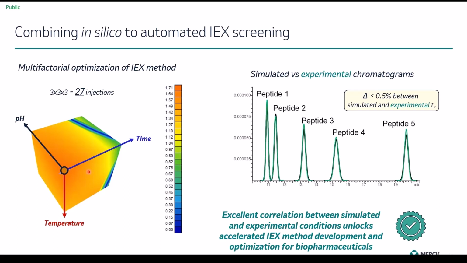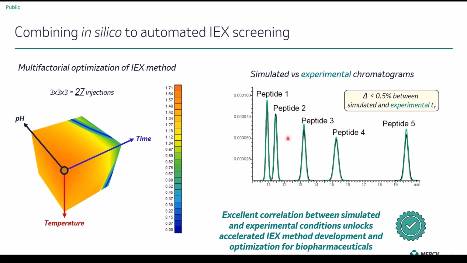When we decided to see if the simulated chromatogram also corresponded to efficient experimental conditions, we decided therefore to test the method that the LC simulator tool gave us, and we were able to obtain excellent correlation between the simulated and the experimental chromatograms.